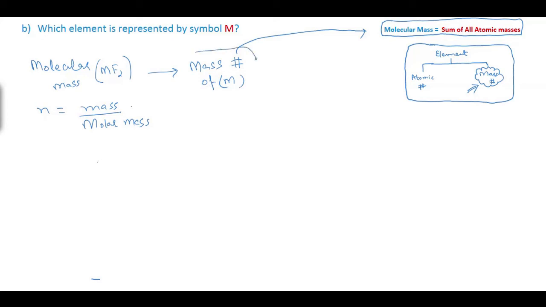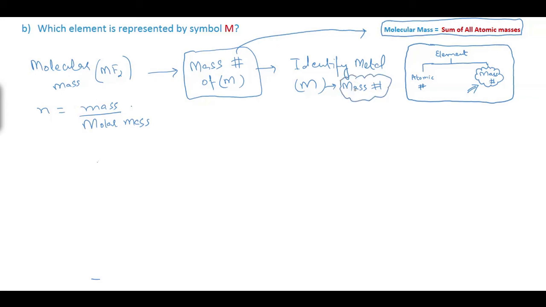And having done that, I will identify the metal M from its mass number. For this purpose, we will use the periodic table. Okay, let's move ahead and see how we can do that.